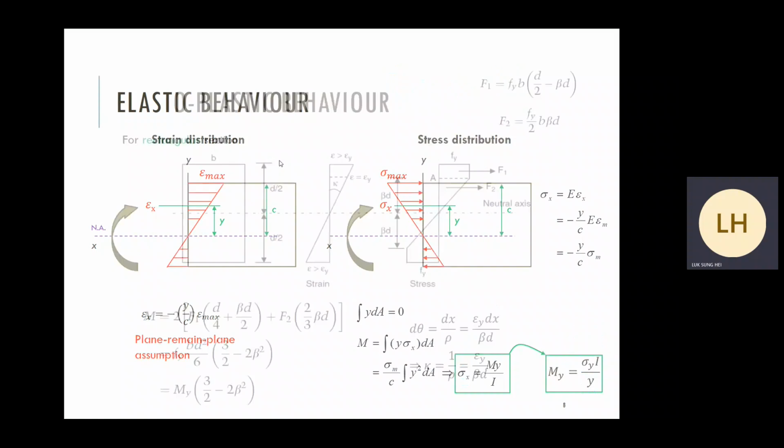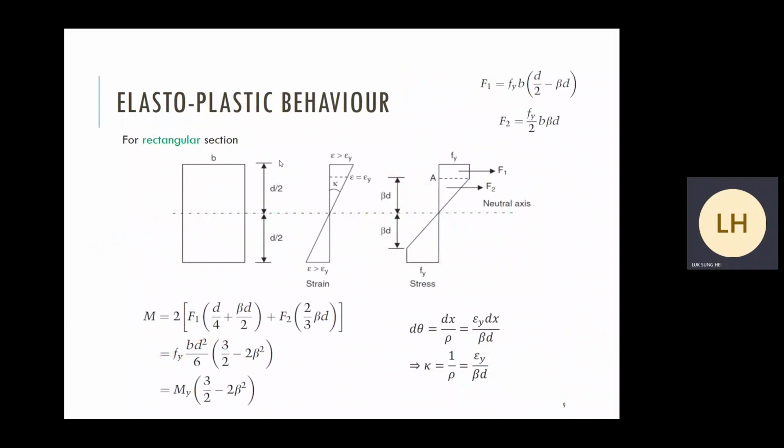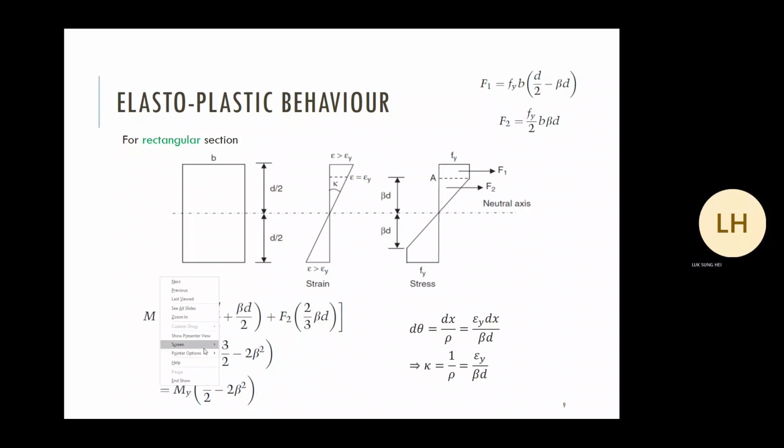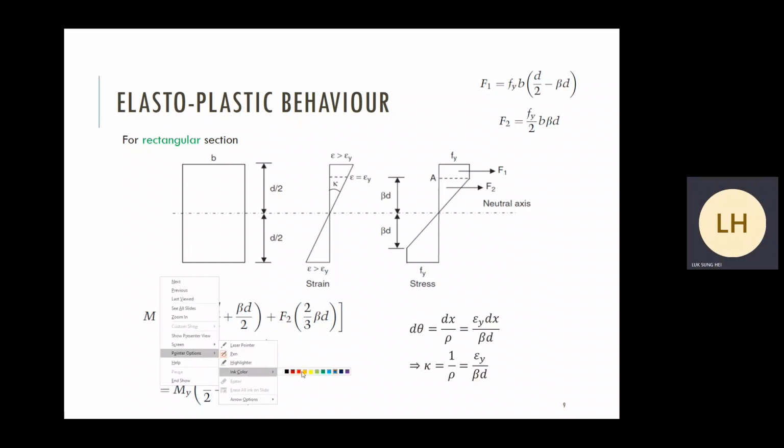Elastic behavior. When the loading increases further, the section will enter the elastoplastic conditions, partially yielded, partially elastic. And it brings up this picture again. Partially yield. Normally, yielding occurred on the extreme fiber, here and here. Yielded. The middle region remains elastic.